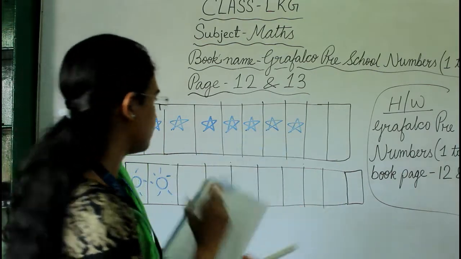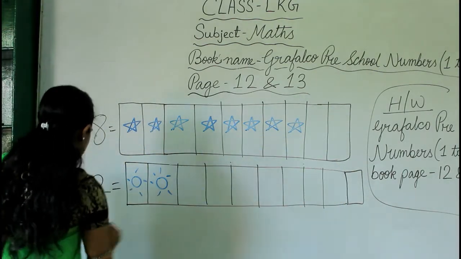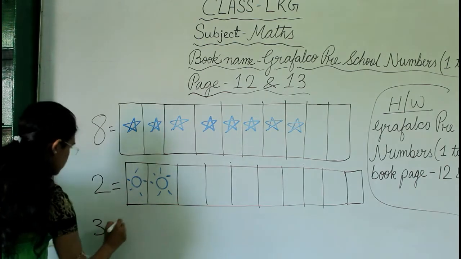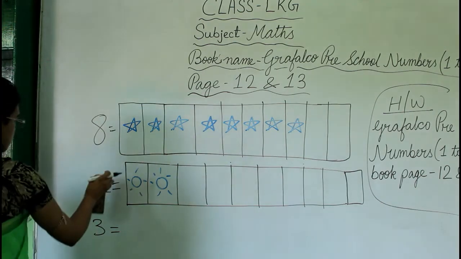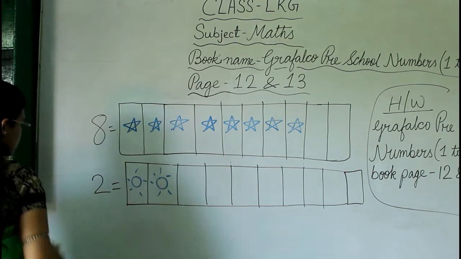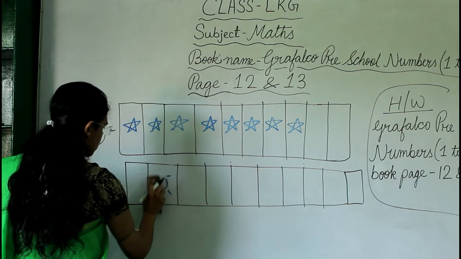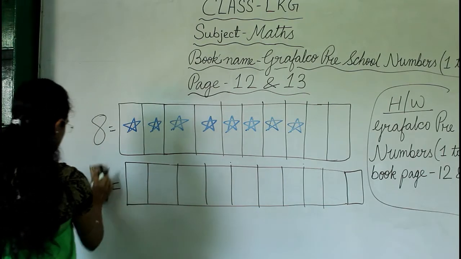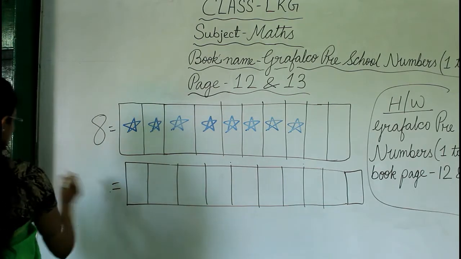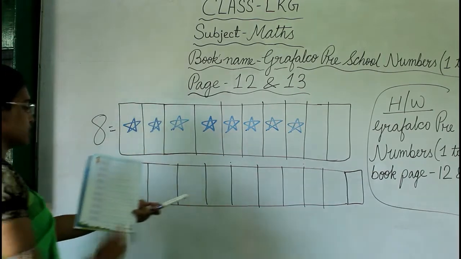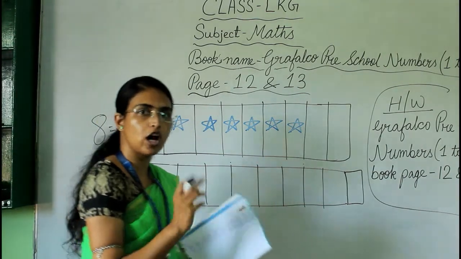Now the next question after 8 is number 3. It is written here 3. So how many objects do I have to draw?